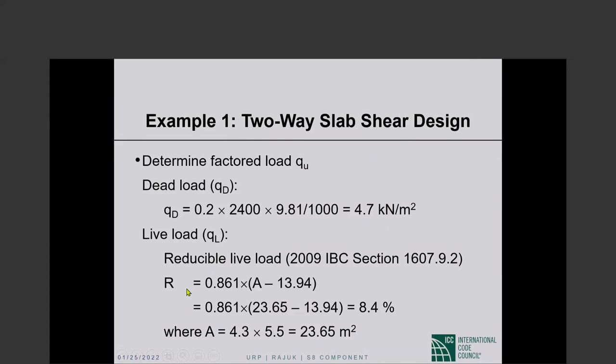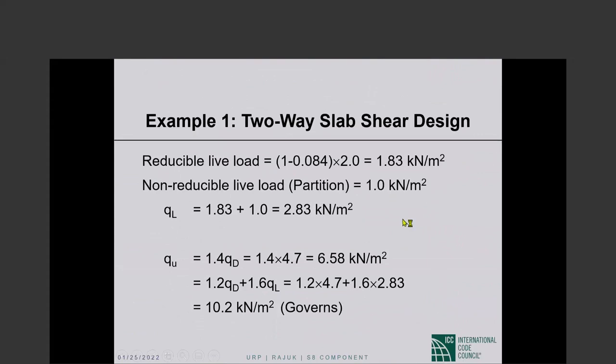The live load reduction comes to 8.4% based on the tributary area of 23.65 square meters, which is 4.3 times 5.5. That gives us a reduced live load of 1.83 kilonewton per square meter, reduced from 2. That plus the partition load gives us a total live load of 2.83 kilonewton per square meter.